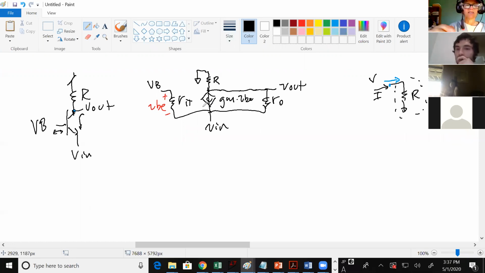Okay. Then what we're trying to find first is GM, transconductance, and that's I out over V in. The reason why, when we're trying to find gain, we find big GM is because GM lets us simplify the circuit. So what's that simplification?